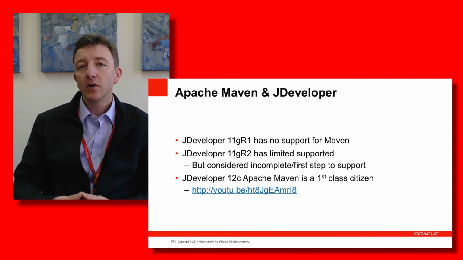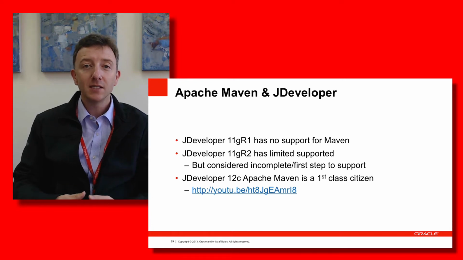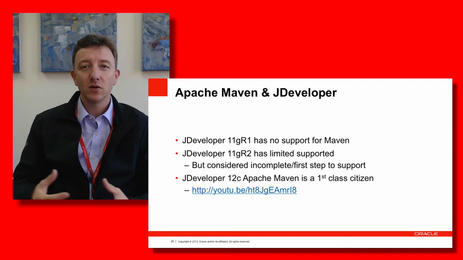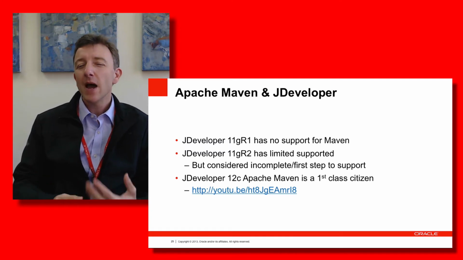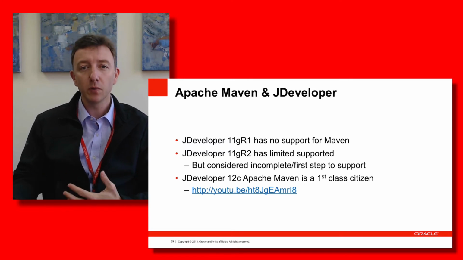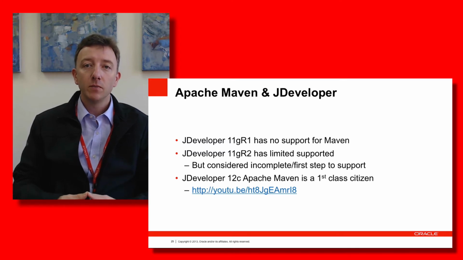In the JDeveloper 11g Release 2 space, we added some features for Maven support, but anybody who had any Maven knowledge basically found it not satisfactory. Now, from our perspective, why was that support inadequate? Basically because our development teams were having to build up the tooling to make JDeveloper support the Apache Maven product.